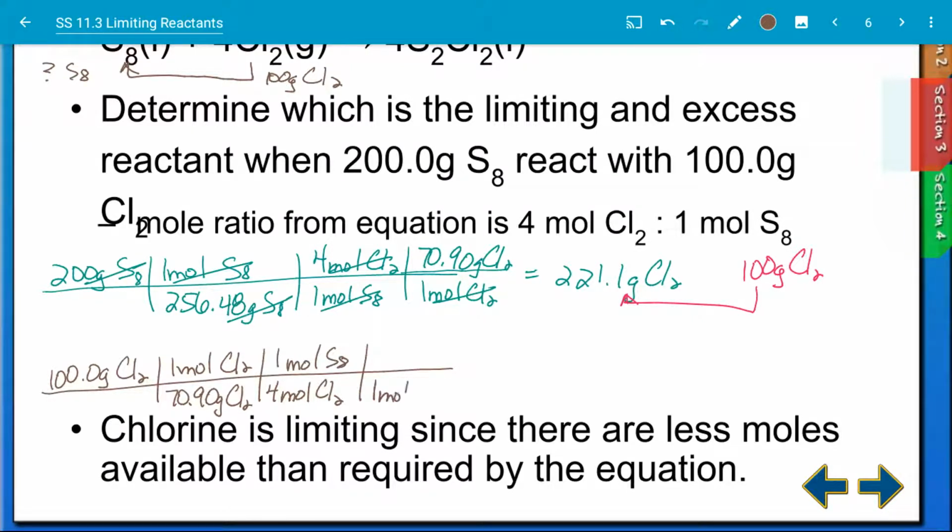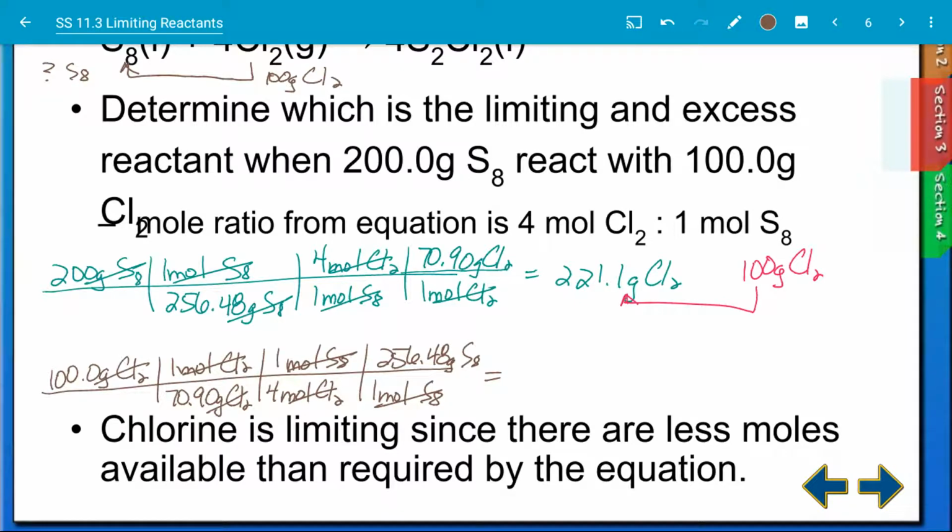And I know that 1 mole of S8 weighs 256.48 grams of S8. And so my grams of chlorine cancel out, my moles of chlorine cancel out, my moles of S8 cancel out, and I'm in grams of S8.